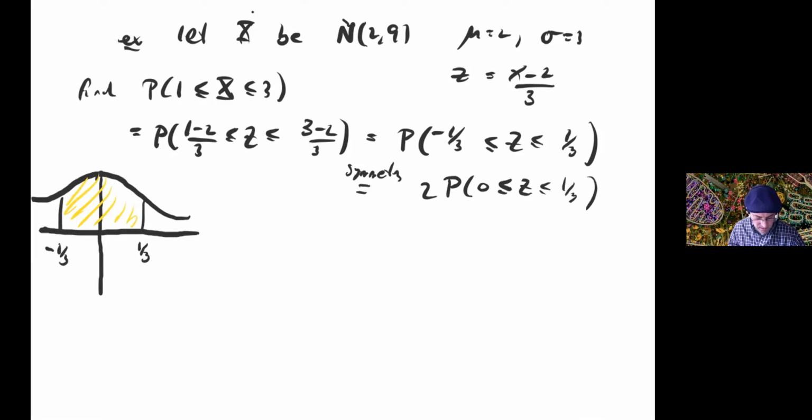And this is going to be the same thing as the probability of everything to the left of 1/3. So, oops, that's no good.